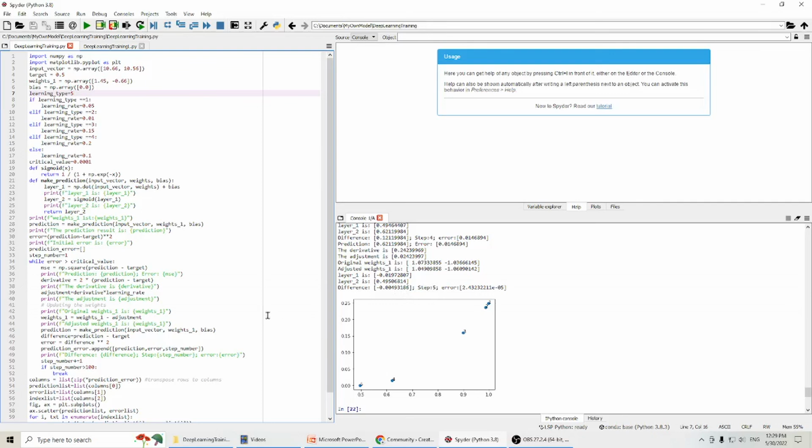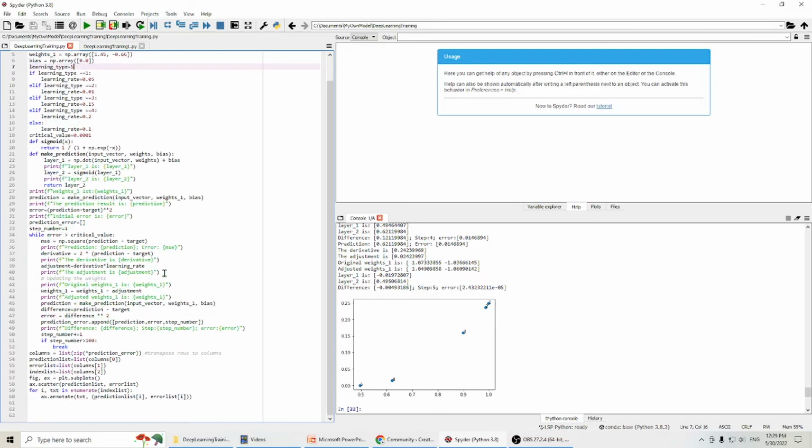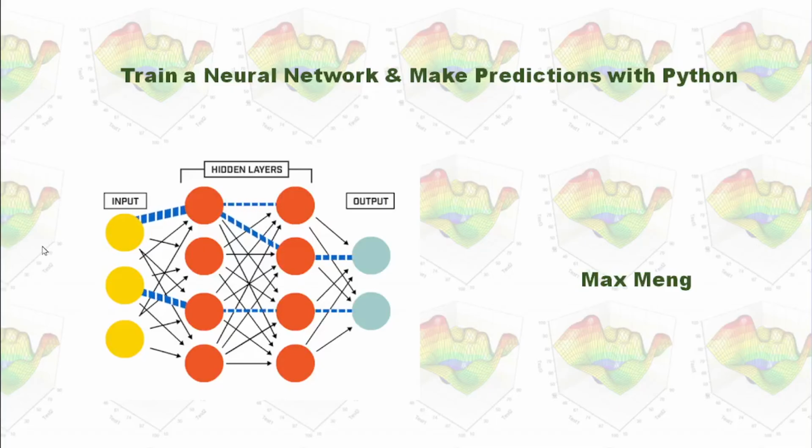So if we want to choose a good learning rate, we should take this one. This is how you can train a neural network model and make predictions with Python.